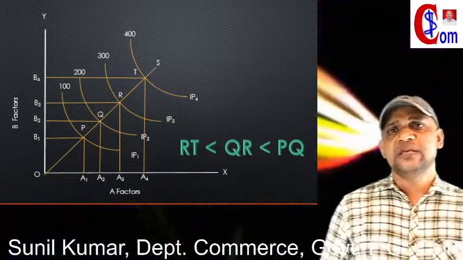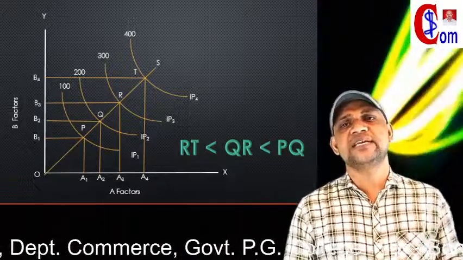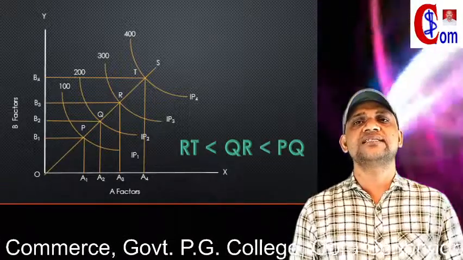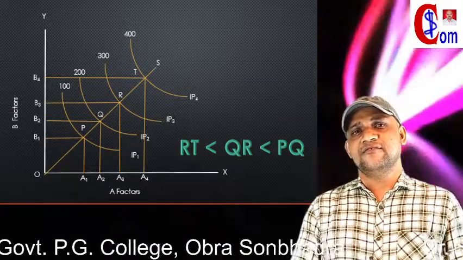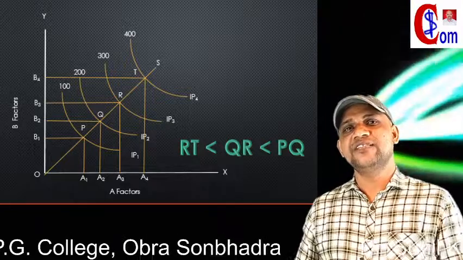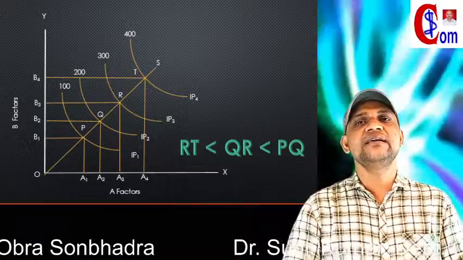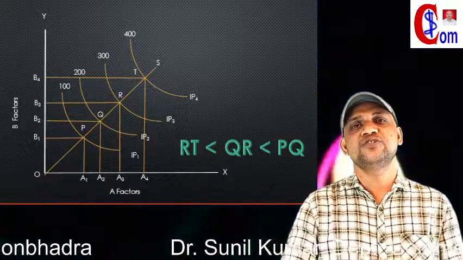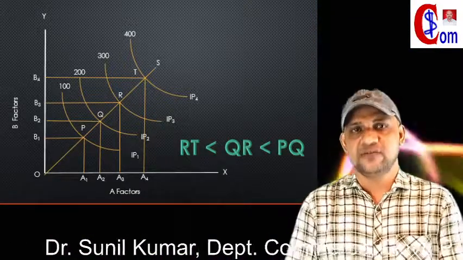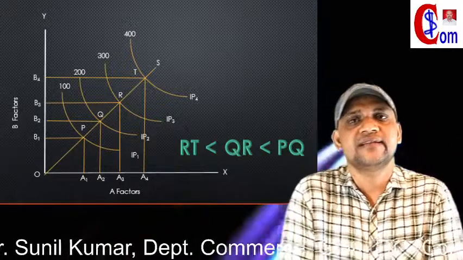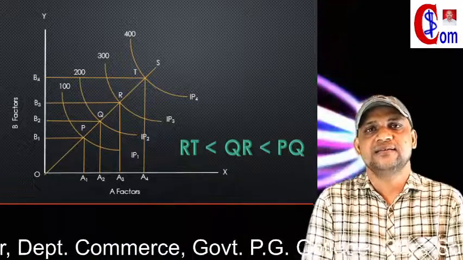This stage is known as the stage of increasing return to scale, and when we explain it with the formula, RT is less than QR, which is less than PQ, or PQ is greater than QR and QR is greater than RT.